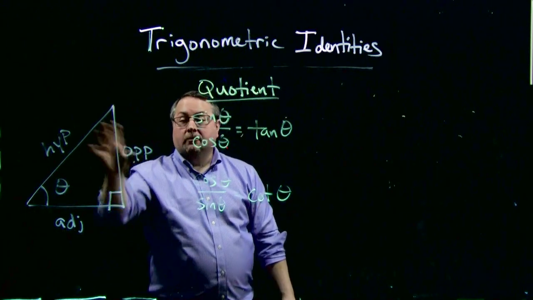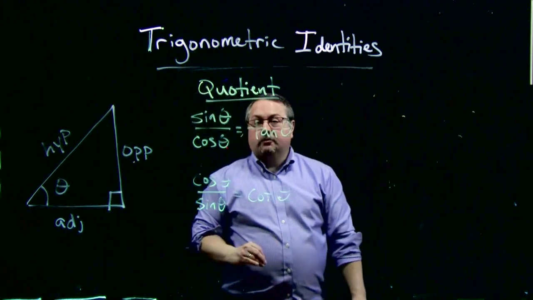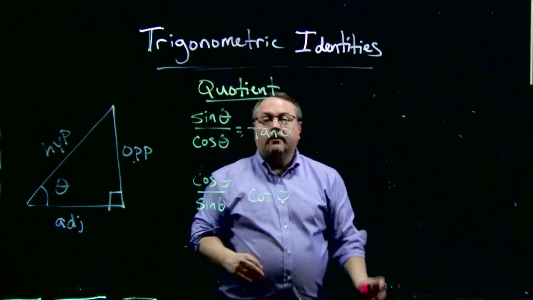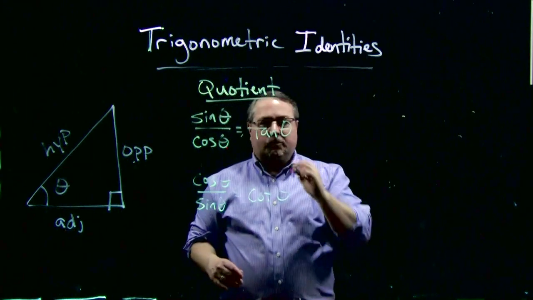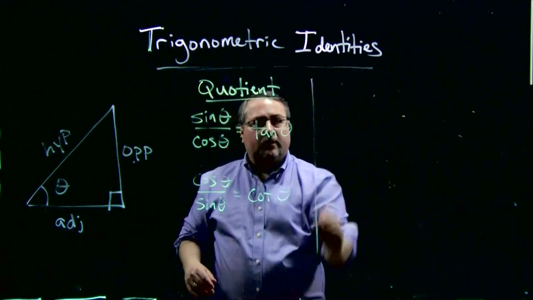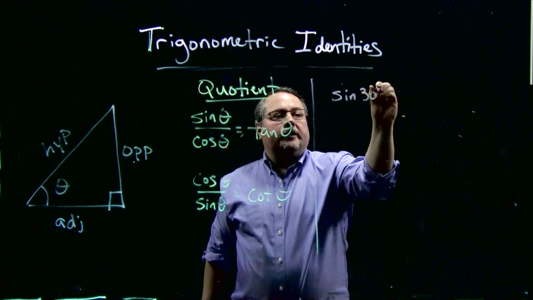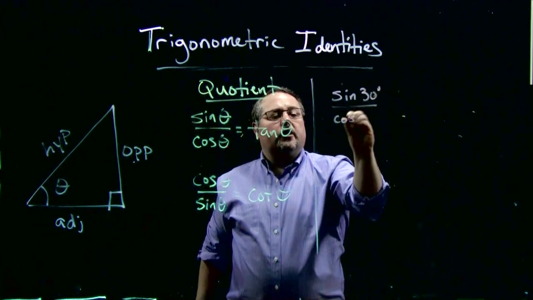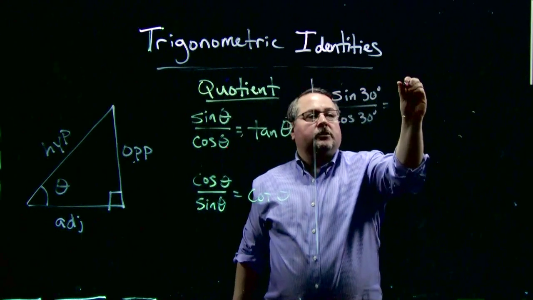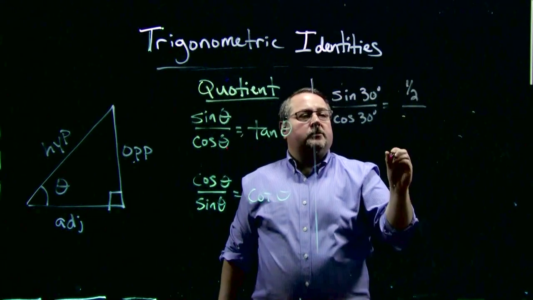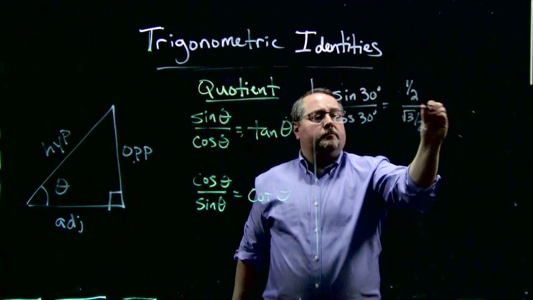Okay, once again, if we use the right triangle definitions of sine, cosine, and tangent, this is a really straightforward thing for us to verify. So before that, if we were to do a specific example, we look at, for example, the sine of 30 degrees over the cosine of 30 degrees. The sine of 30 degrees, again, is 1/2. Cosine of 30 degrees is square root of 3 over 2.